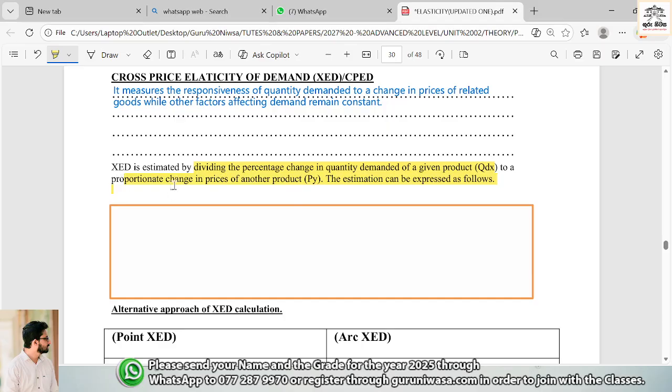Write down cross price elasticity of demand, XED. Write down the full equation. Cross price elasticity of demand equals, how to calculate?